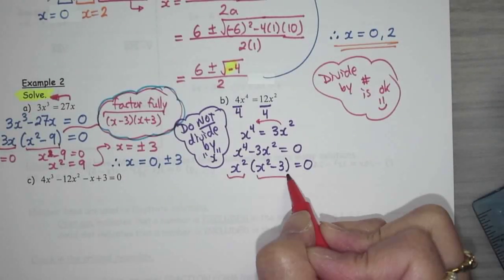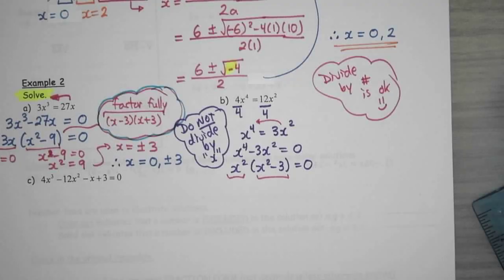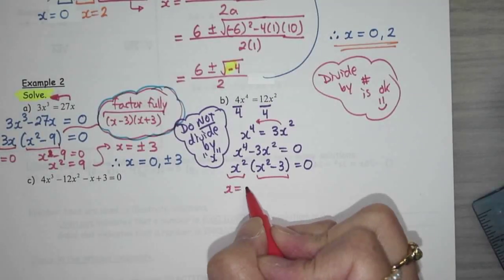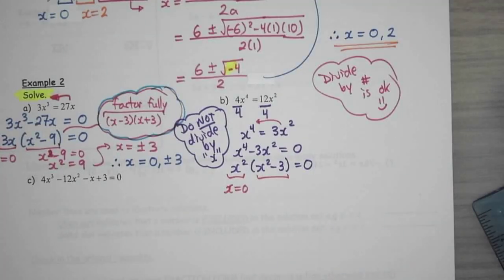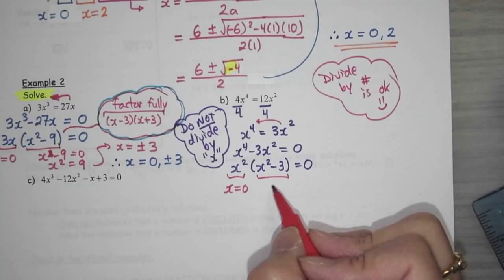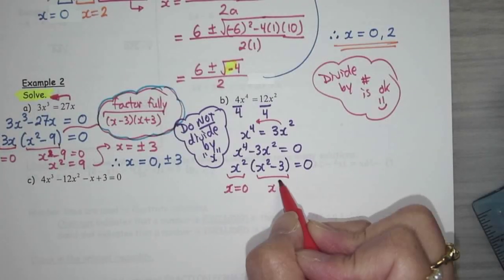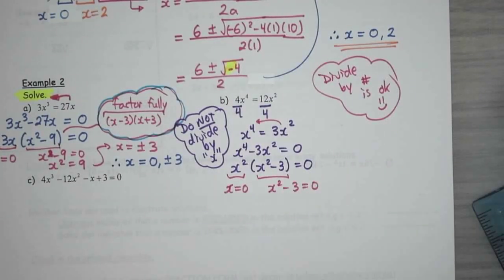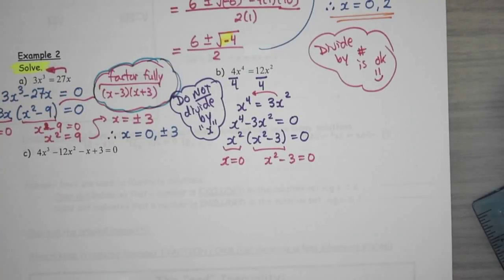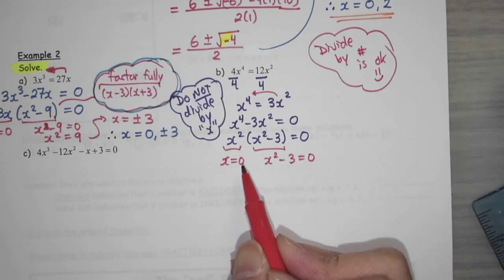So this one and this one, we're both solving, and we're going to get x equals 0. Okay, and then here, x squared minus 3 equals 0. Are we okay with that? Yes.